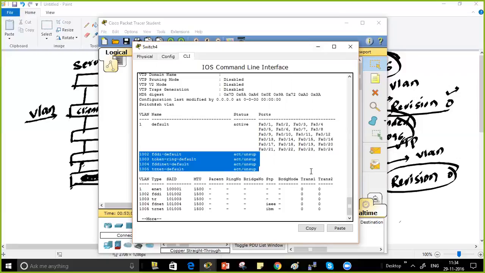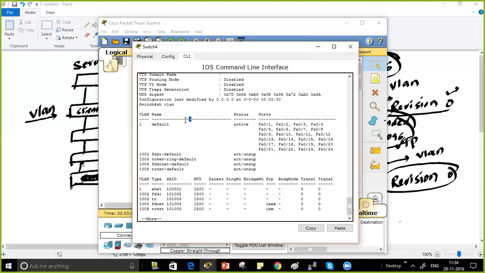And this is previous technology. Now we are using Ethernet technology, right? Previously we had FDDI and token ring technologies. To support those technologies, whenever they manufactured these switches, they kept them, and that's why they created another 4 VLANs.